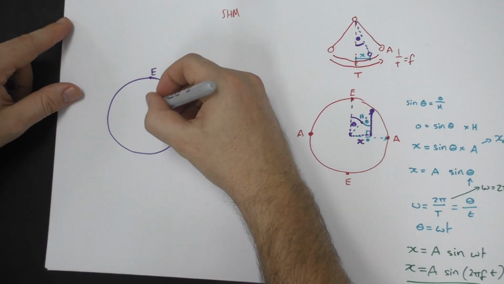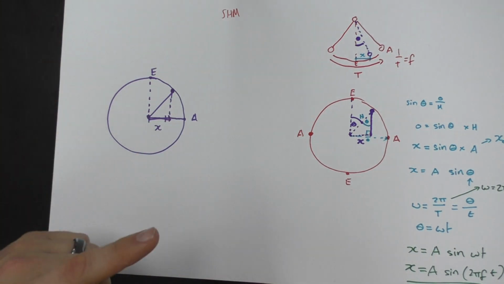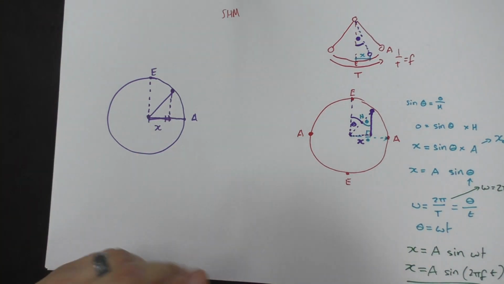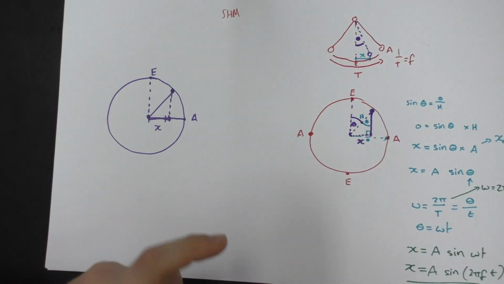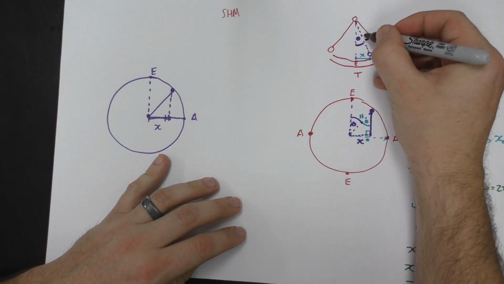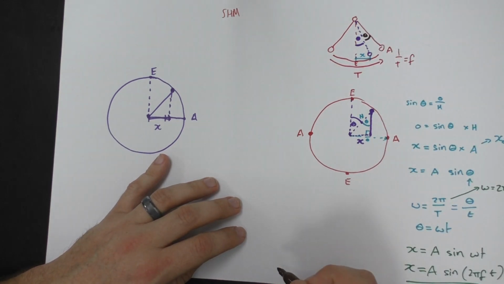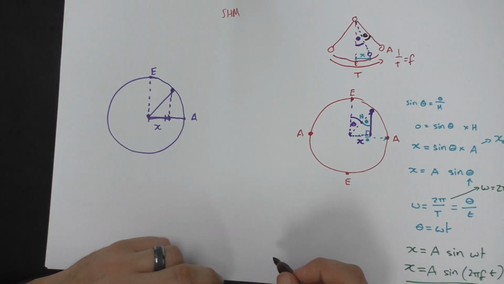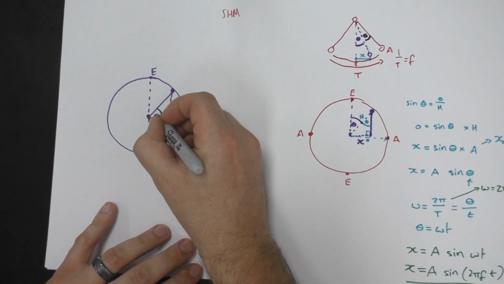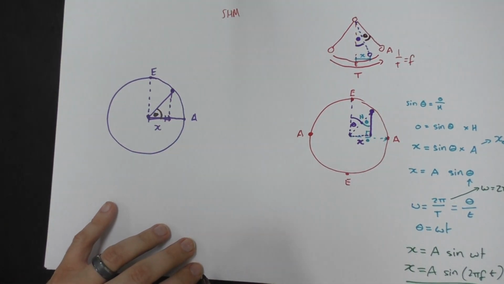But instead of having the angle being from the equilibrium, we have the angle from the amplitude. Well, the angle from the amplitude is this angle right here, theta.